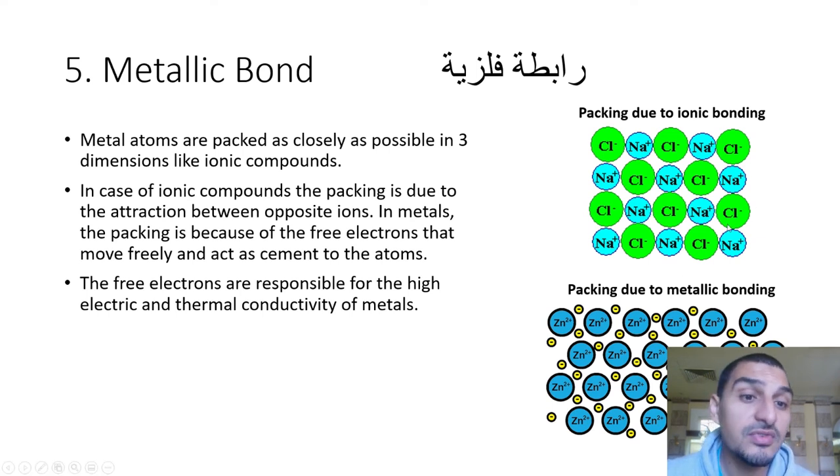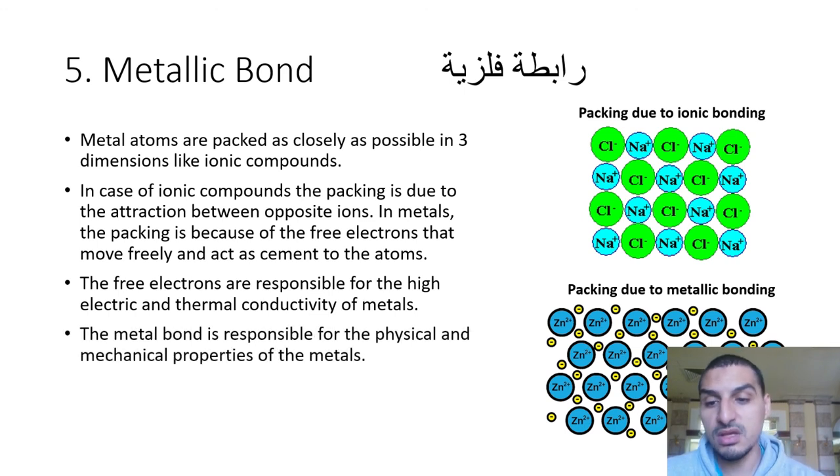And it's different from the ionic bonding, because in ionic bonding the ions are stationary. There is no motion of the charges, but here the charges are free to move between the atoms as they want.